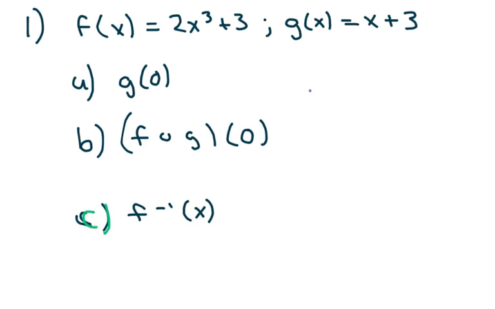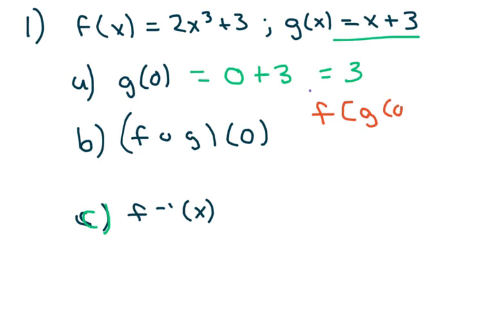So g of 0 is, all you do is take this function and plug in 0, so you get 0 plus 3, and that gives you 3. And then for f of g of 0, we already know that g of 0 is 3, and then you do f of 3.